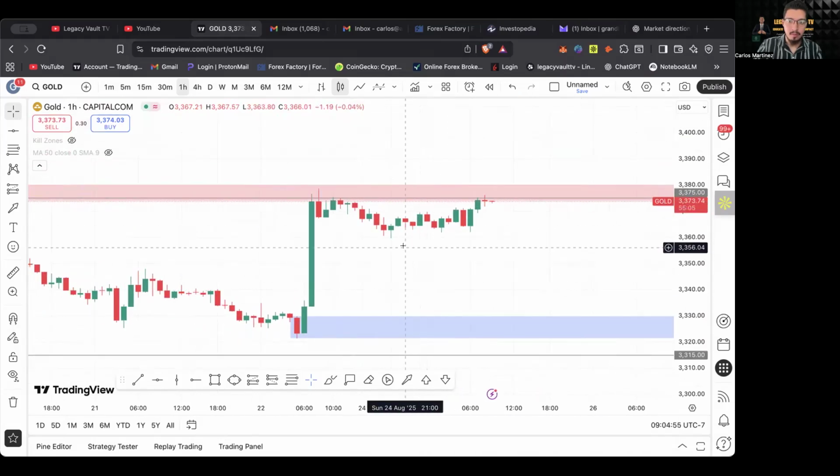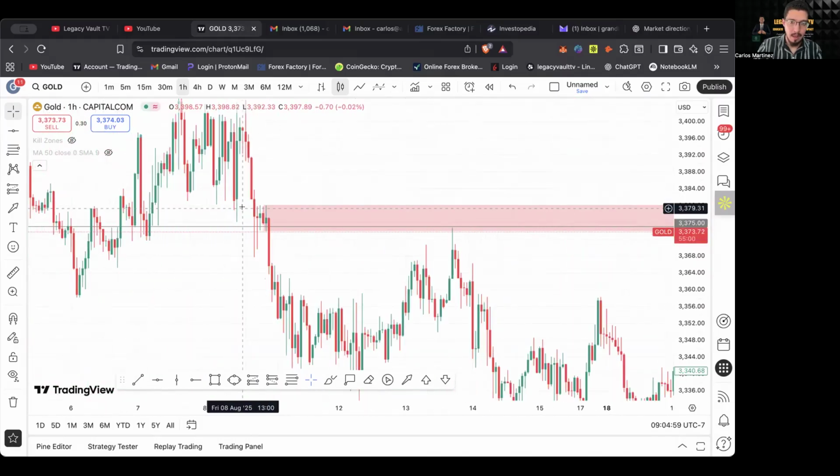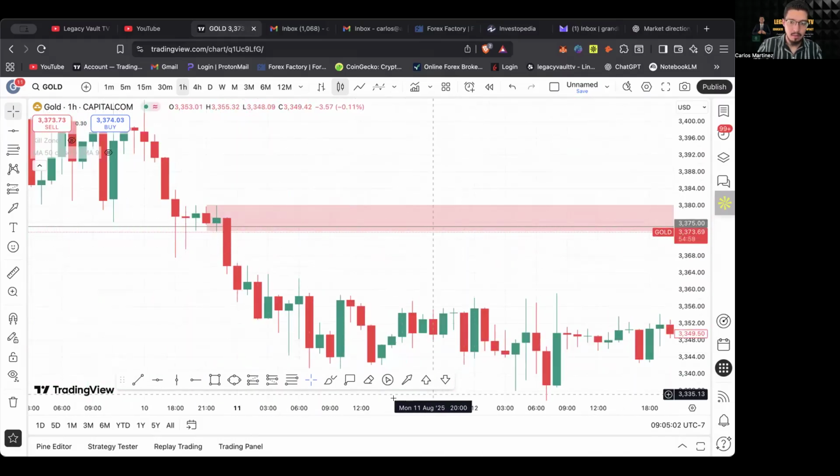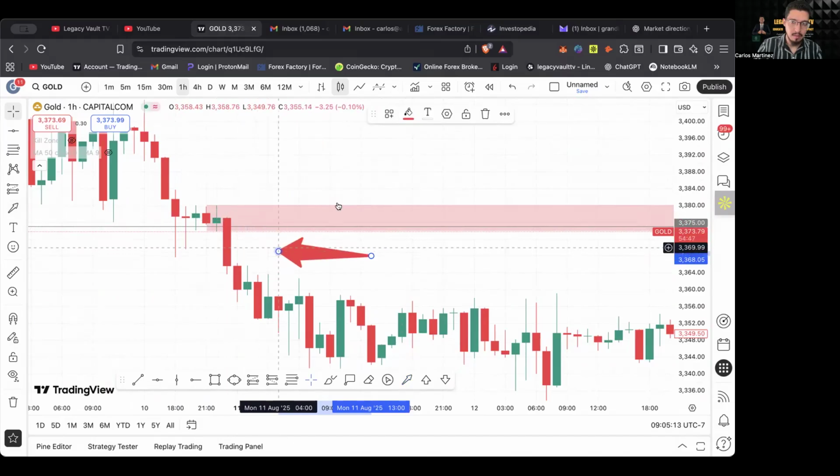A supply zone is the same thing. You see an imbalance here. And I drew the zone according to the candlestick before the imbalance, which is the order block.